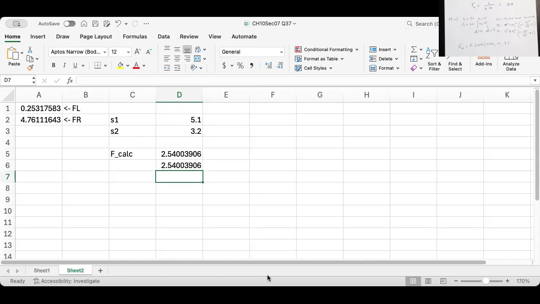This tells me everything I need to know. So here's my question. Are the variances different or not? Do I reject or accept my null hypothesis?